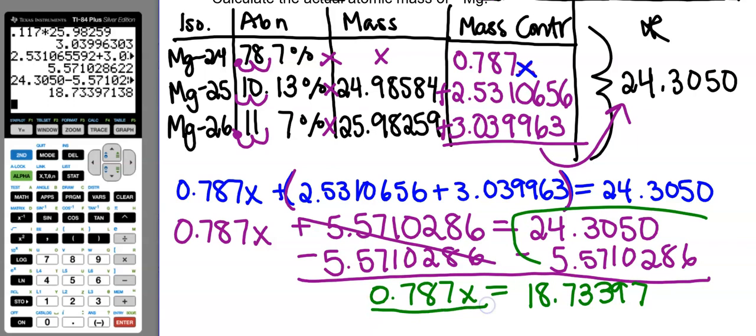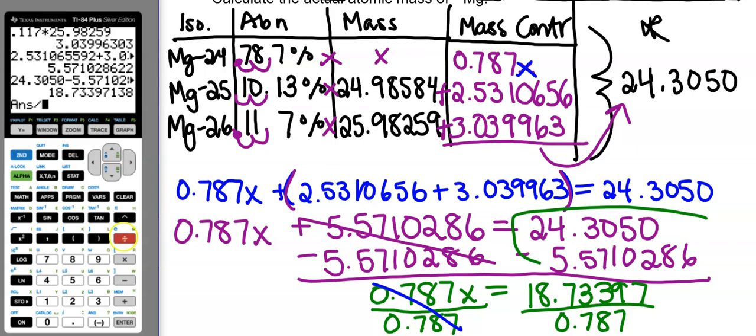And then, last but not least, to isolate our x term, we're multiplying 0.787 times x, so the opposite of multiplication is division. So we need to divide by that term, that 0.787. If we do it on one side, we do it on the other side as well, divided by 0.787. And then, of course, these will cancel out. Now we're just left with x on our left-hand side. X equals whatever 18.73 divided by 0.787 is.